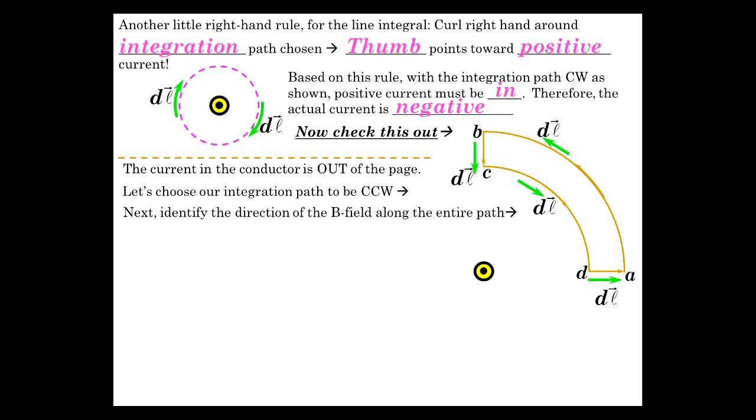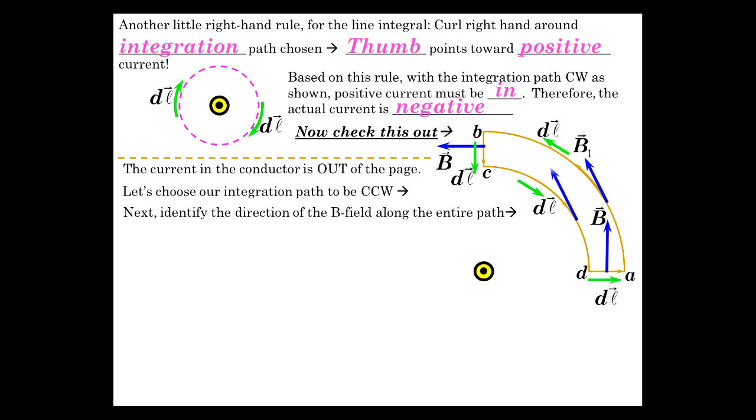Now we also need to put the B field along these paths. And one example for each will suffice. Because you know a current coming out, thumb out of the screen, fingers circulating in the direction. Here at the first segment is our B field, perpendicular to dl. Along this path, we see the B field is in the direction of the integration path.